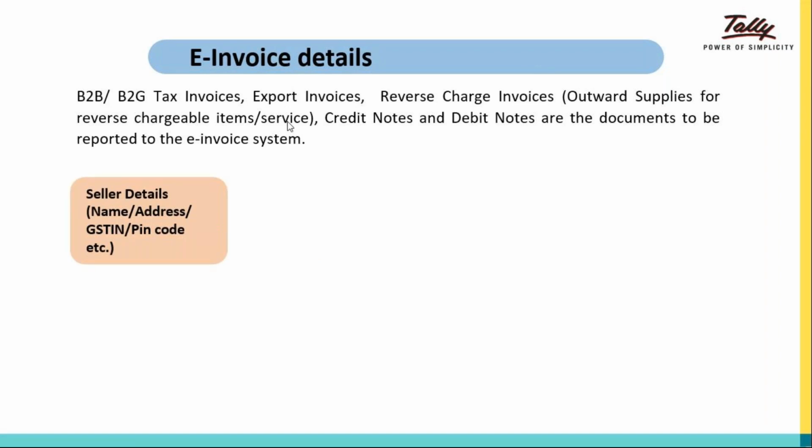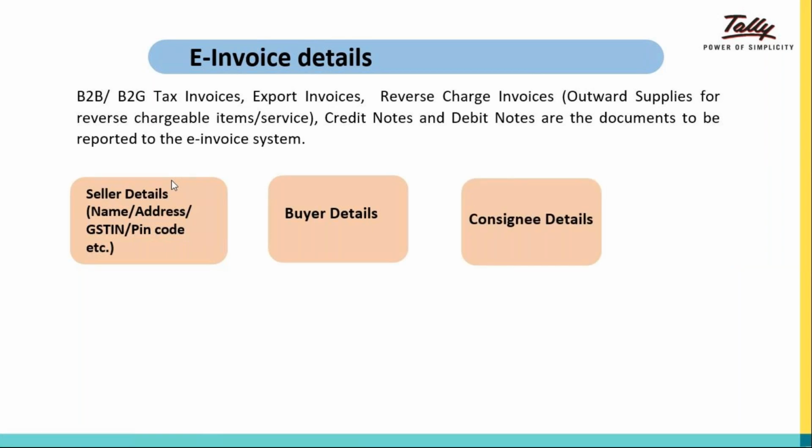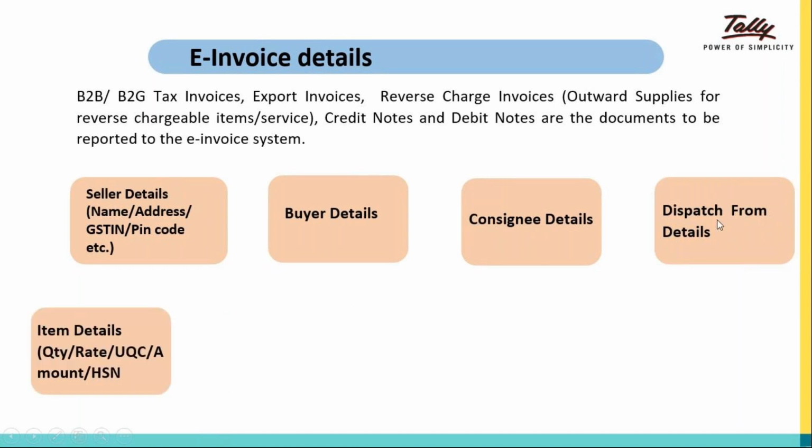Again, in your e-invoice, let us look at the details that are going to be presented. First you have the seller details: the name, address, the GST registration number, the PIN code, everything relating to the seller. Then you have the buyer details, the consignee details, and the dispatch from details. Then you have the item details. What is the goods that you are transporting?